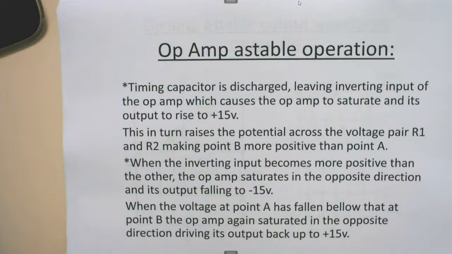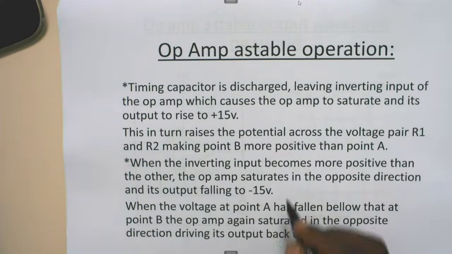A timing capacitor is discharged, leaving the inverting input of the op-amp low, which causes the op-amp to saturate and its output to rise to positive 15 volts. This in turn raises the potential across the voltage pair of R1 and R2, making point B more positive than point A. When the inverting input becomes more positive than the other, the op-amp saturates in the opposite direction and its output falls to negative 15 volts.